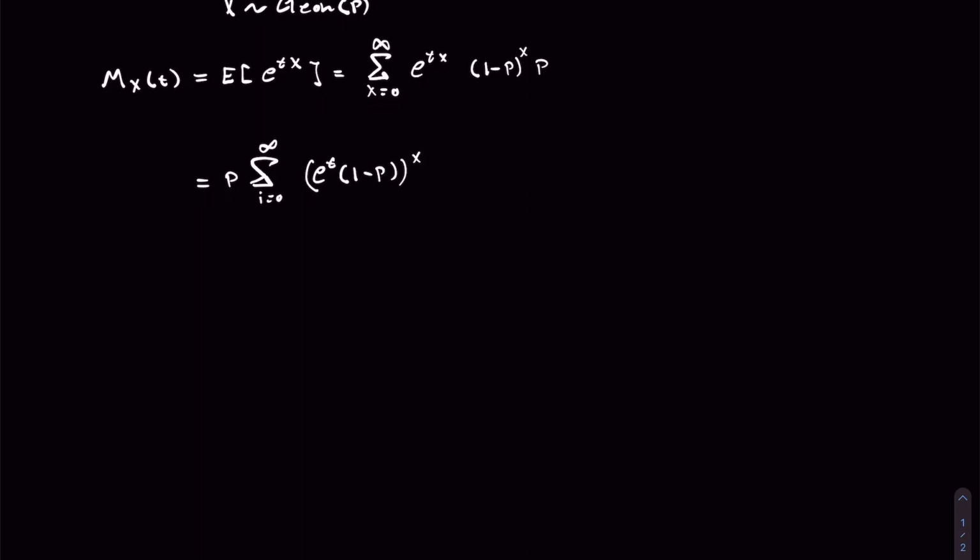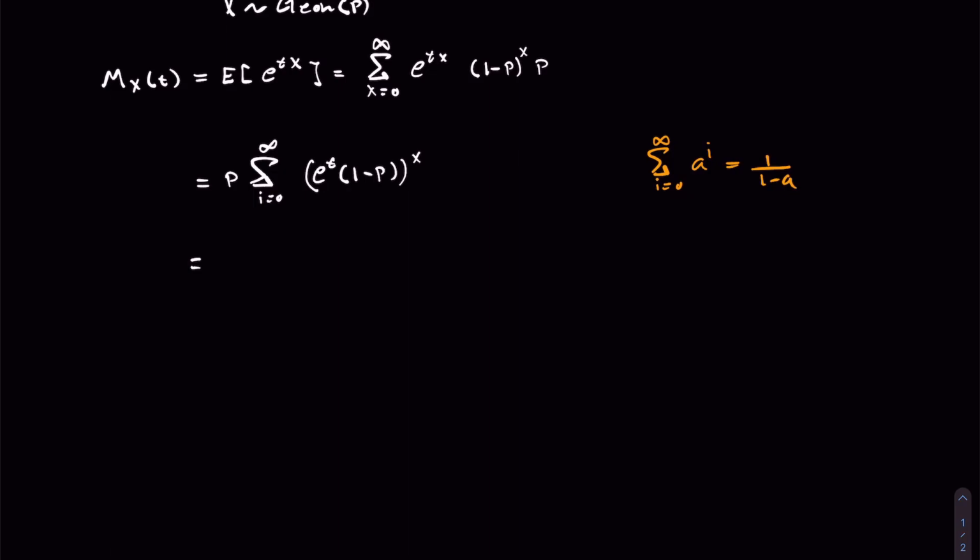Now we see that this expression amounts to a geometric series of the form the sum from i equals 0 to infinity of a to the i, which equals 1 over 1 minus a. This is just the definition of a geometric series, and this a has to be strictly less than 1, between 0 and 1.